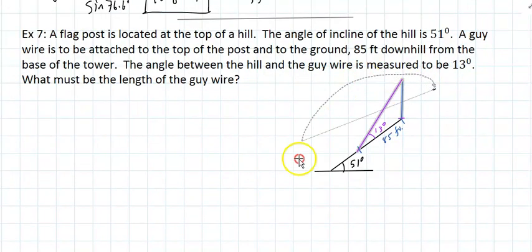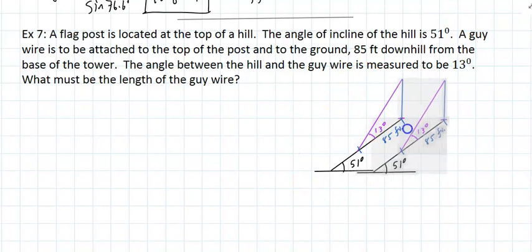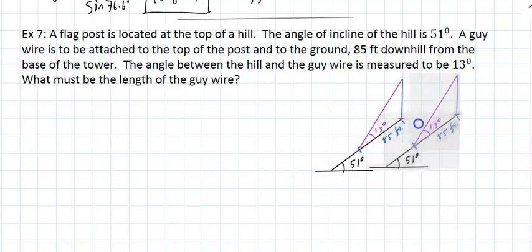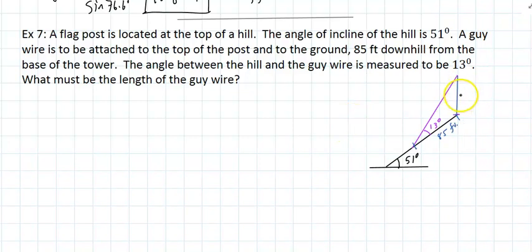Okay, assume I'm giving you this diagram. In the book they have diagrams which I will copy and change the numbers, so it's the same thing. It says a flag post, there's the flag post, is located on top of a hill, there it is. The angle of incline of the hill is 51 degrees.